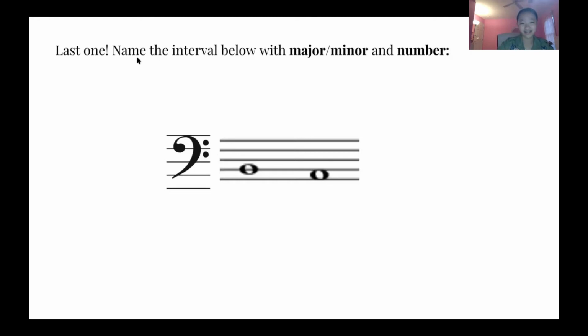Okay, this is the last one. So name the interval below with major, minor, number. So we'll go back to answering in the chat for this one so everyone can get a chance to answer.